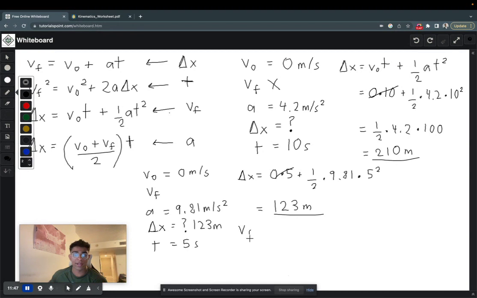So we have final velocity equals initial velocity 0 plus acceleration times time, 9.81 times 5, giving us our final answer of 49 meters per second.